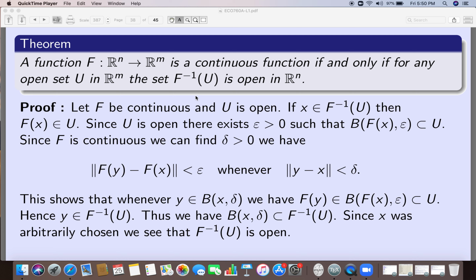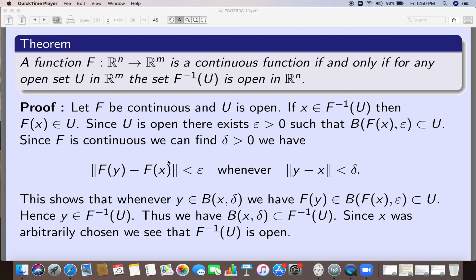So given this epsilon, I can always find a delta such that norm of F(y) minus F(x) is strictly less than epsilon whenever norm of y minus x is less than delta, by definition of continuity.